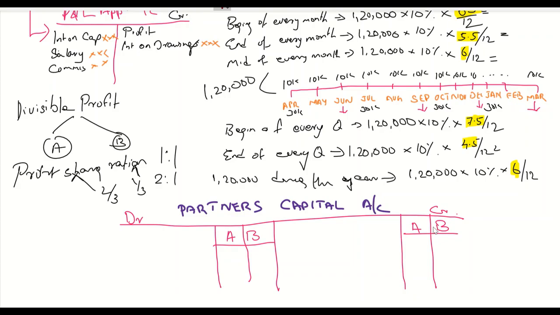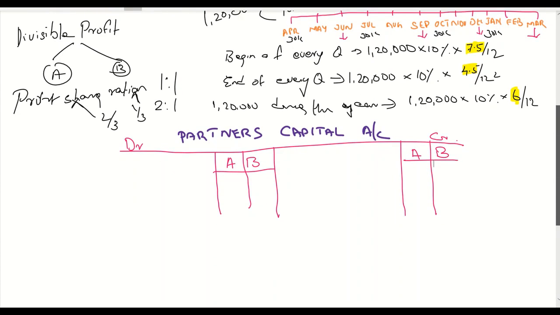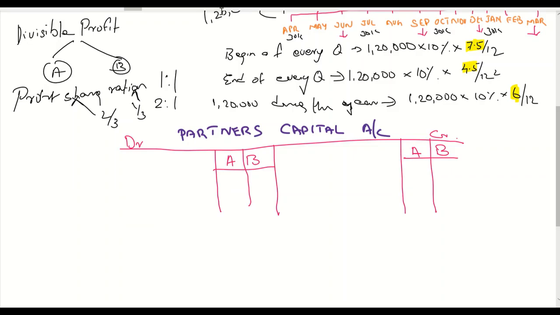Now the partners' capital account can be prepared in two ways. We have two methods. One is the fixed capital method and the other one is the fluctuating capital method.